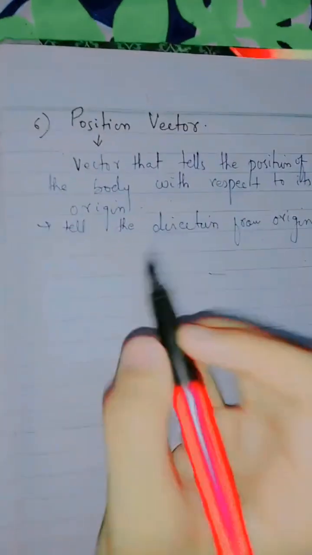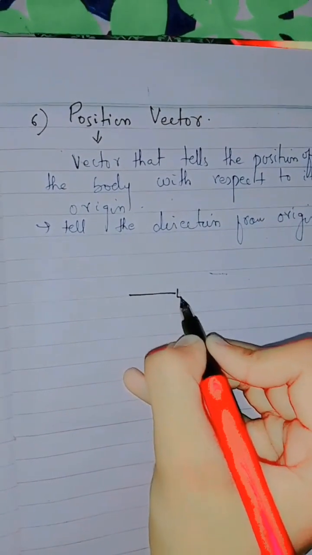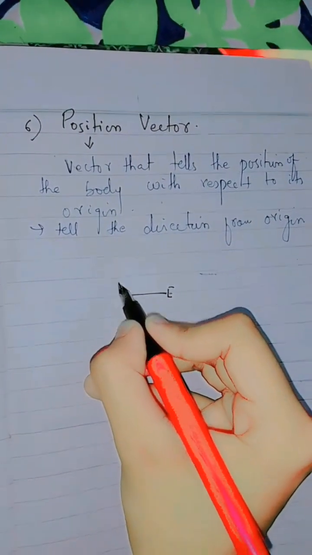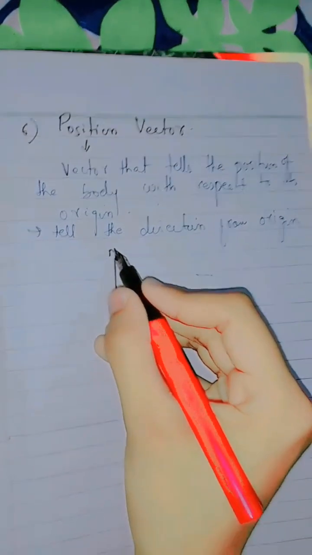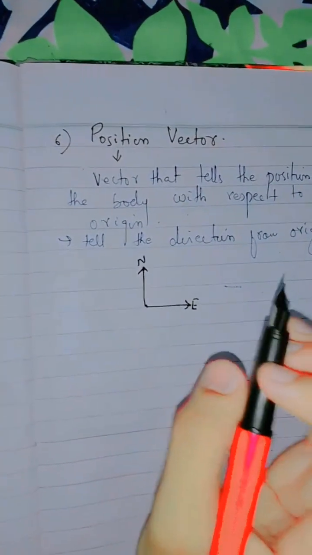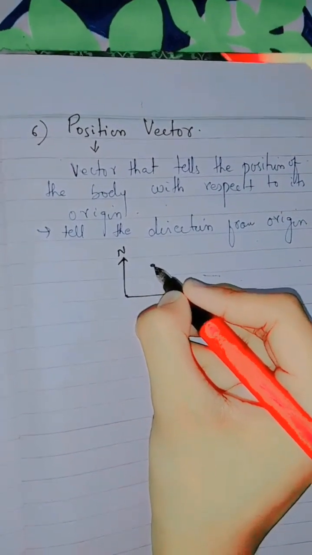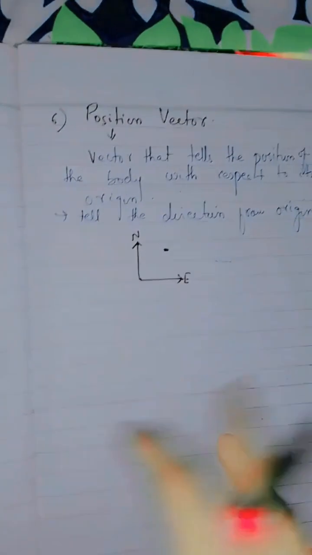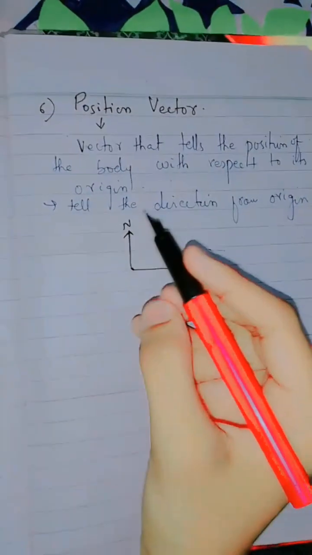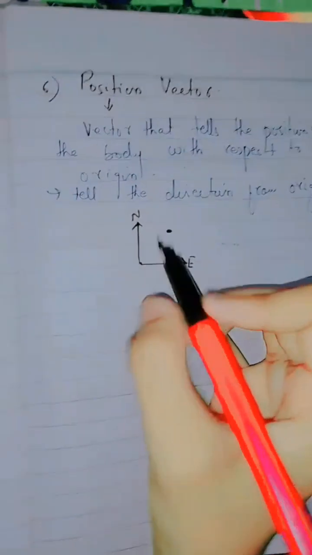For example, if we are having a vector that is in east direction and a second vector that is in the north direction. Now there is a point whose position is here. So now basically position vector tells the direction of that body, but from the origin.